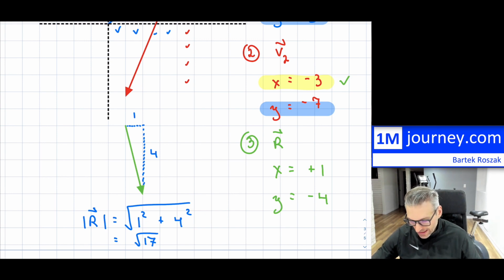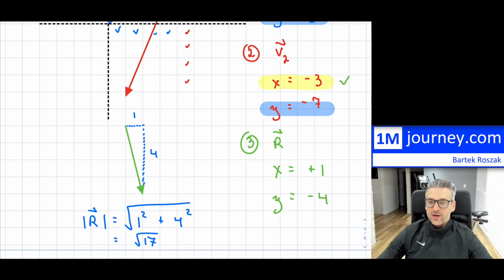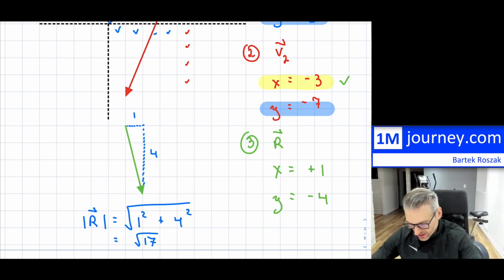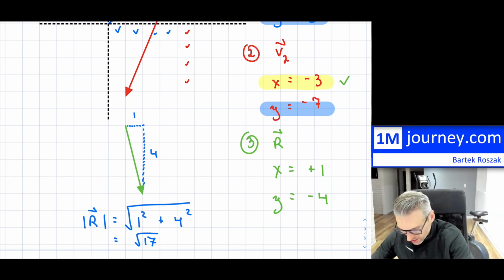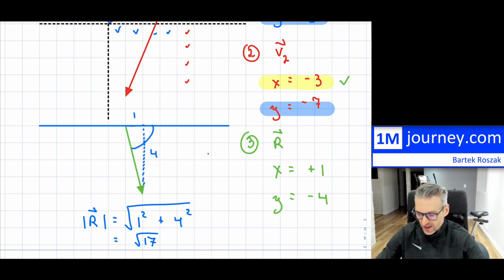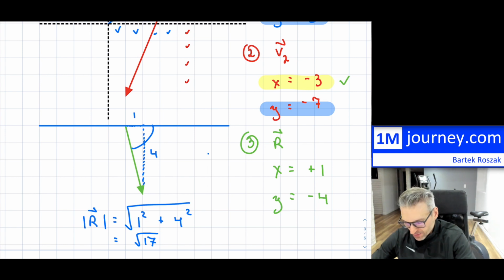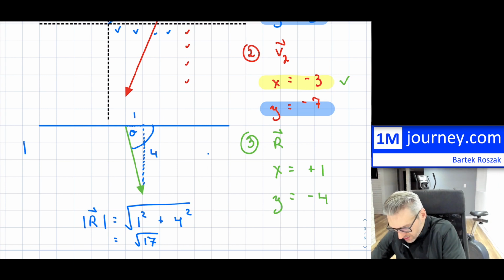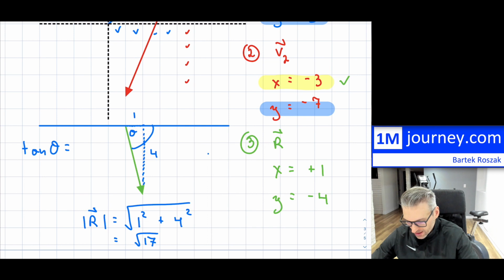And now, what is the angle? Right, in terms of the angle, we can do it from the horizontal. So from this line, from the horizontal viewpoint, what that angle is. So that's this angle that we're trying to find out. And that particular angle, you can do again, tan theta, which is the opposite over adjacent.